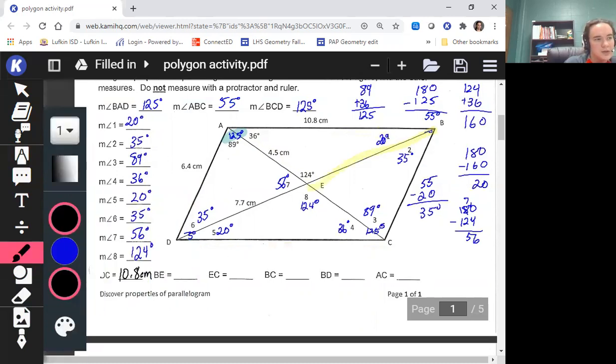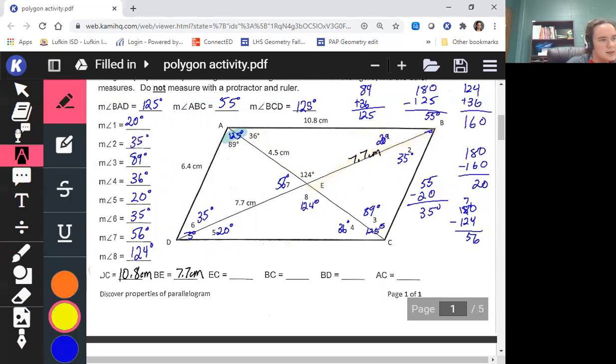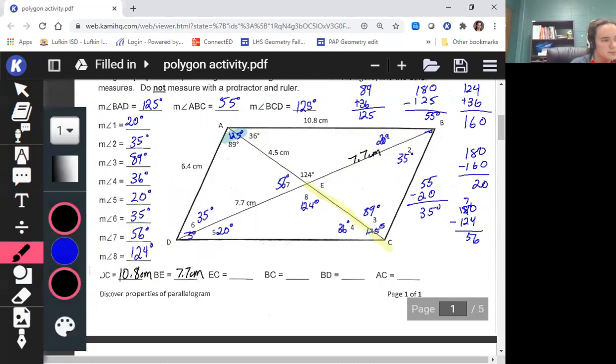Remember that diagonals bisect each other. So what's on one side is on the other. So this is 7.7 centimeters. And then we're looking for EC. EC is this length. Again, what's on one side is on the other. So it's 4.5 centimeters.